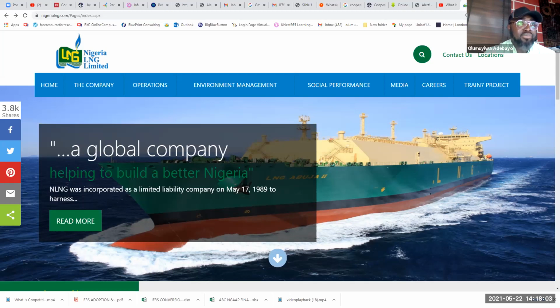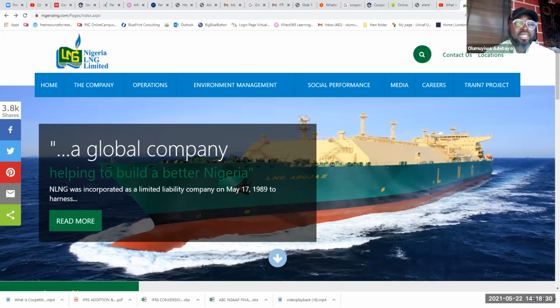The NNPC, which represents the federal government interest, Shell for short, Total for short, and Eni for short. Okay, Shell, you know that Shell is from the Netherlands, or what you call Holland. Total is from France, and Eni, I think, is from Italy.